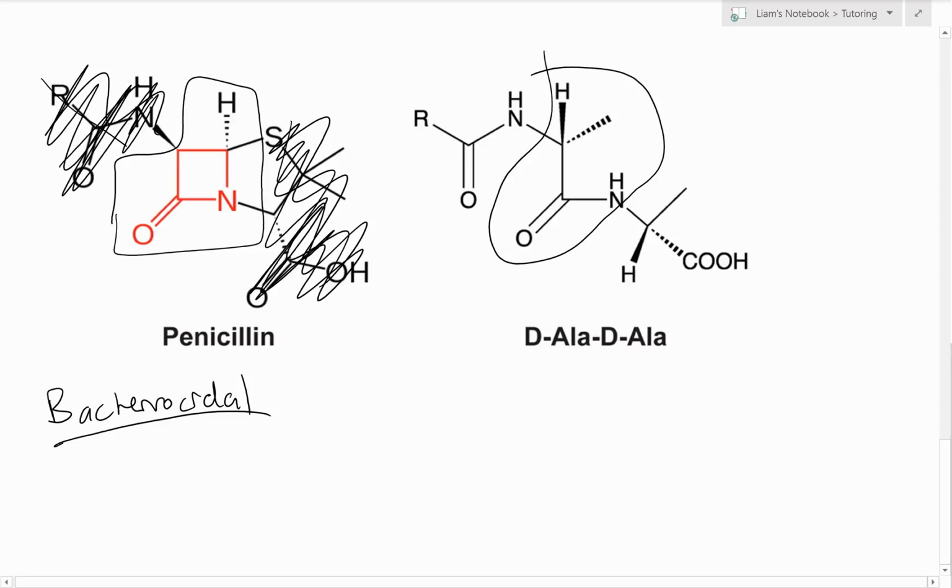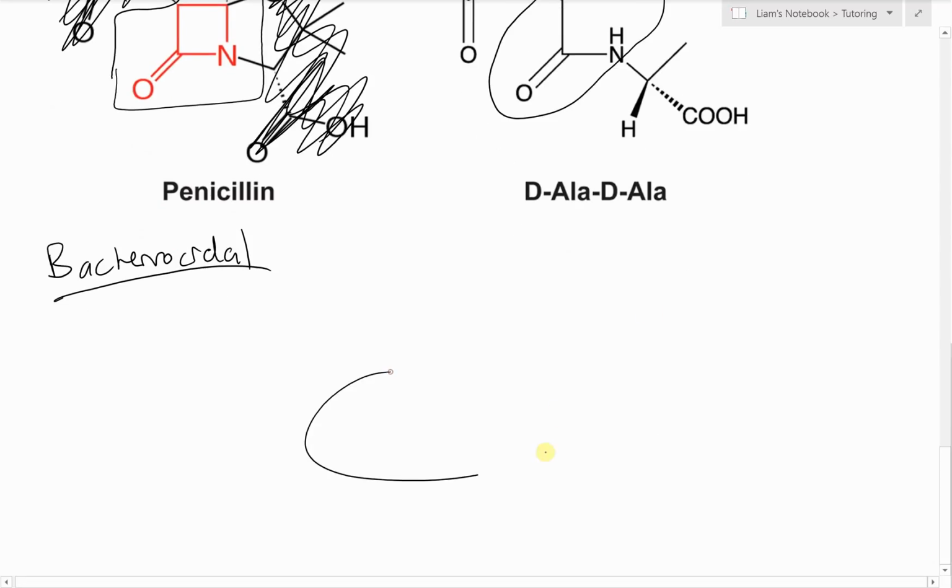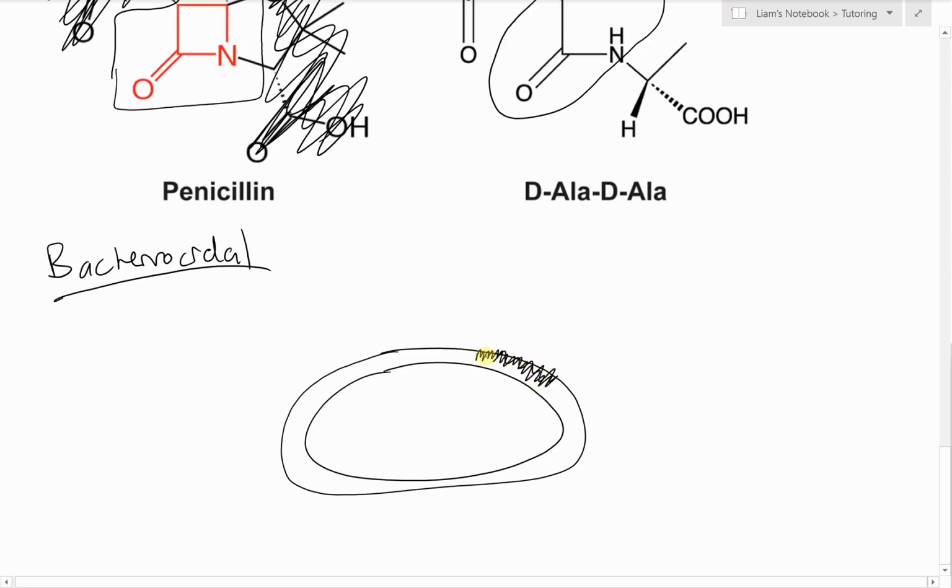It can't withstand the osmotic pressure, because you've got this bacteria here. It's a nice thick bacterial peptidoglycan wall. You get the penicillin. You start eroding into this wall, and it's kind of like a renovation. The bacteria says, okay, well, we've got this defect here.